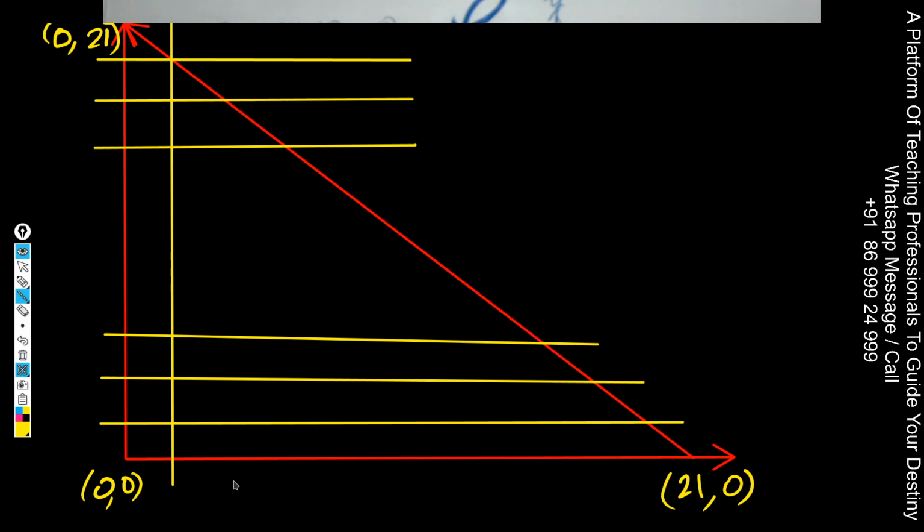I'll take one more line which is x is equal to 2. I'll take one more line which is x is equal to 3. I'll take one more line which is x is equal to 20.